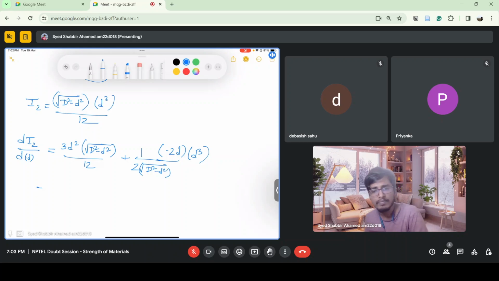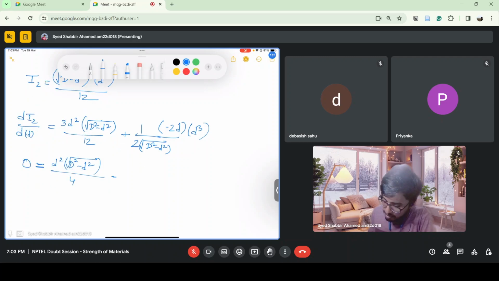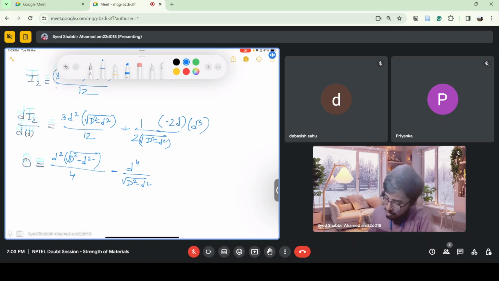So for maximum or minimum, we take this differentiation equal to 0, and we can get it like this, d power 4 by this power this.